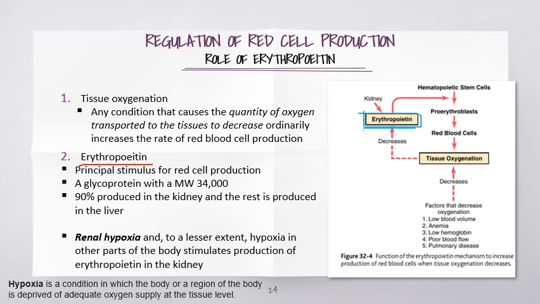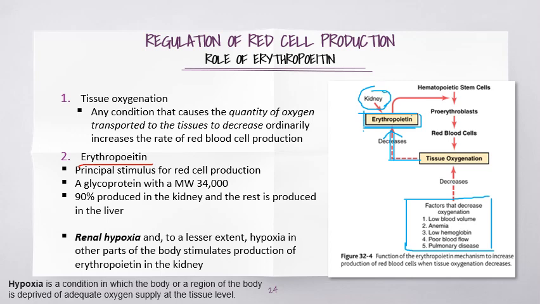When we have disease states that cause hypoxia or decreased tissue oxygenation, this in turn will stimulate erythropoietin. Since the kidney is the main site of its production, one of the most powerful stimuli for its production is renal hypoxia.